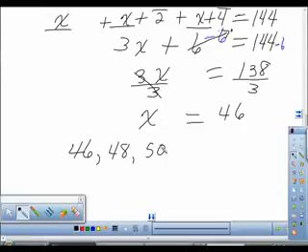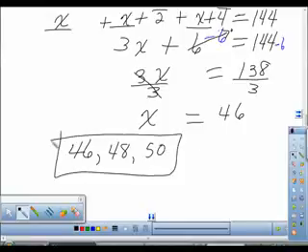Now you can check this really easy because the problem said that the sum of the three consecutive even integers had to be 144. So add those up. Do you get 144? You do? Good. So we know these are our three consecutive even integers. Questions?